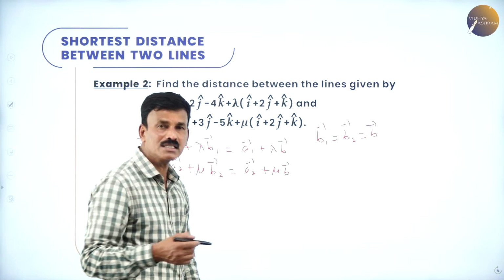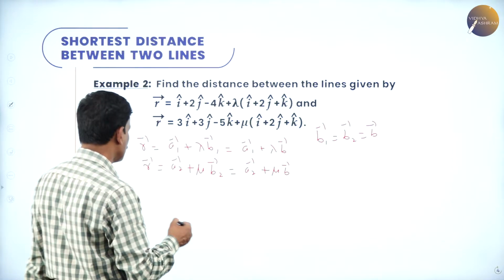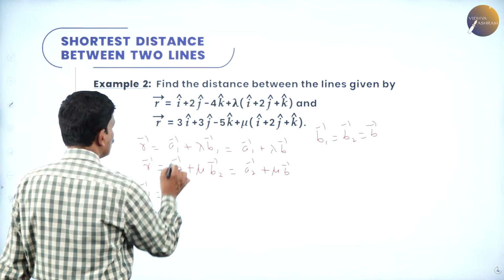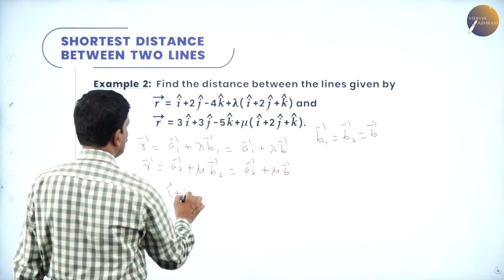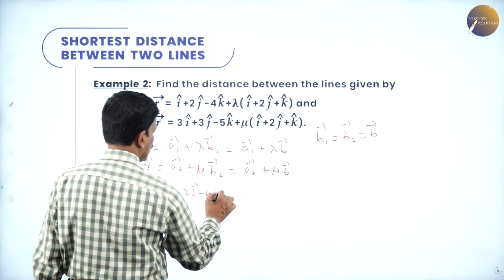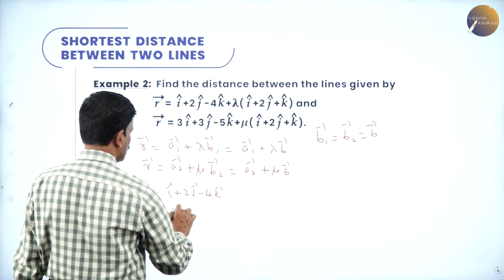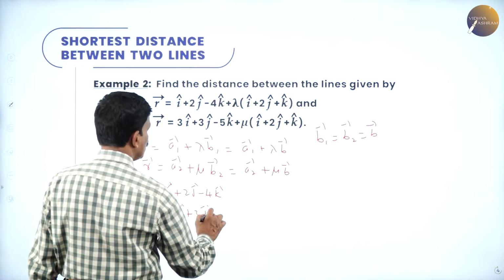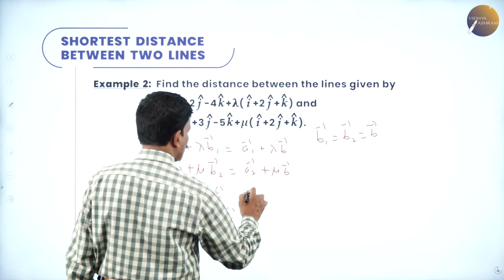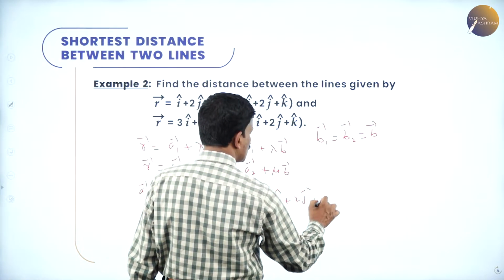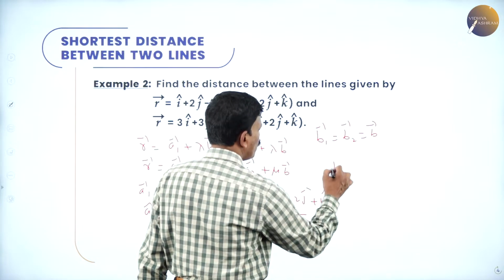So for parallel lines, the distance between the parallel lines is given by d is equal to, now just find out the value of a1. Vector a1 is equal to i plus 2j minus 4k, and vector a2 is equal to 3i plus 3j minus 5k, and vector b is equal to i plus 2j plus k. Here vector b is same, so they are parallel lines.